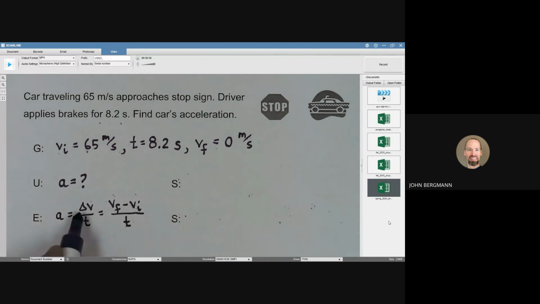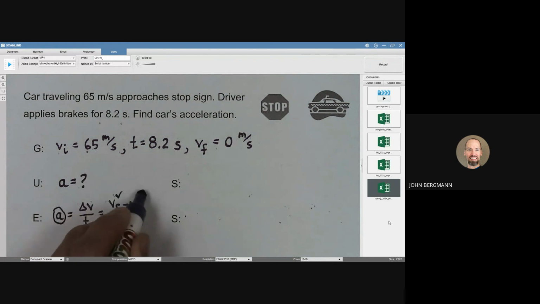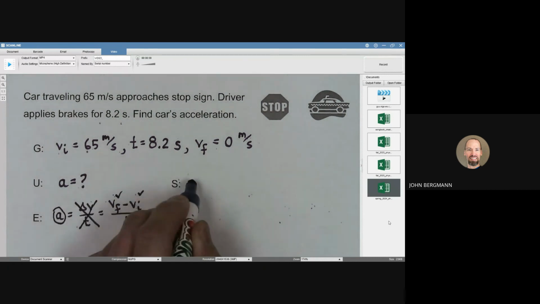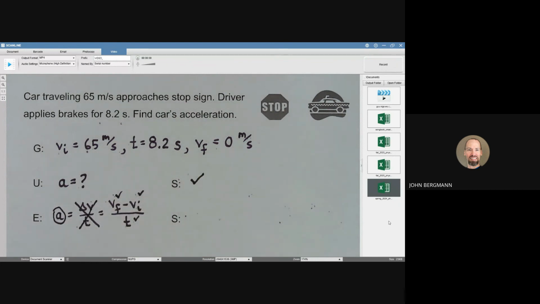Anytime you see this delta sign in science, it always means final minus initial. We're looking for acceleration. We have the final velocity, we have the initial velocity, we have the time. So once again, I think I'm not going to use that middle part of the equation. And once again, we don't need to do any work in that first S, which stands for solve the equation for the variable we're looking for.